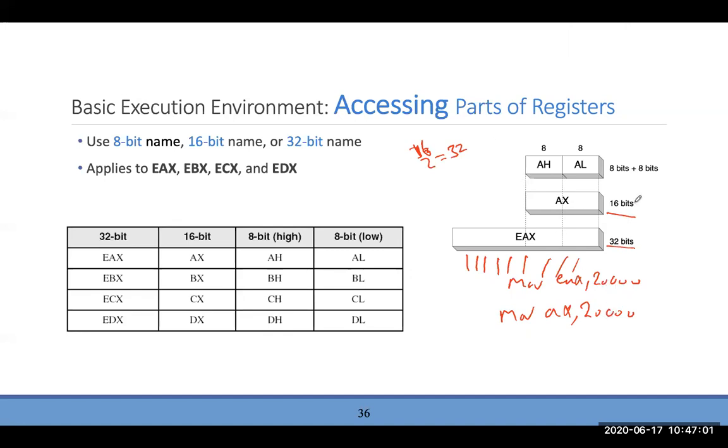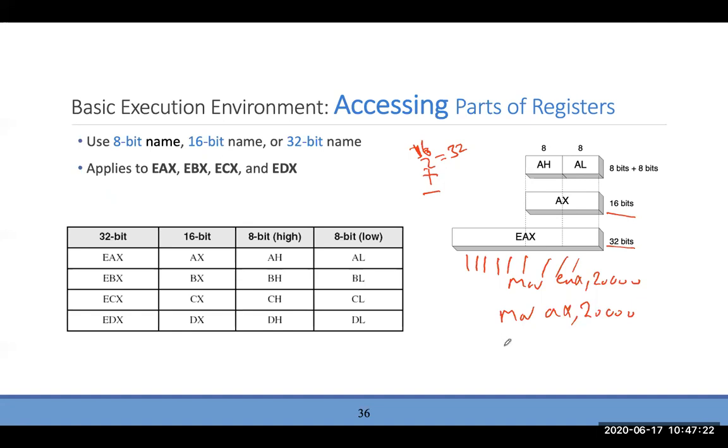But if you want to store a sign here, this number is going to be divided into two parts. One part is for the positive range, and one part is for the negative range. Just keep that in mind.